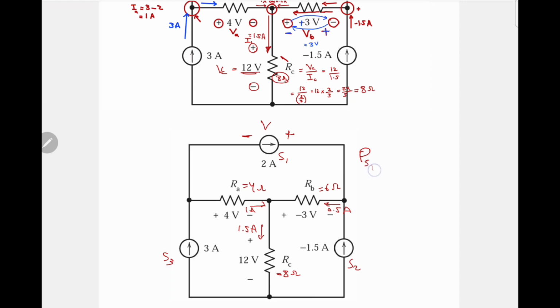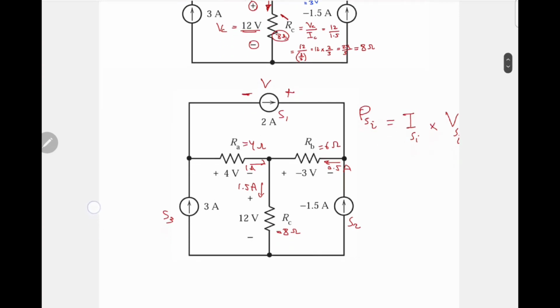The power supplied PSi of any source is just ISi, the current leaving the current source, multiplied by the voltage drop across that current source.